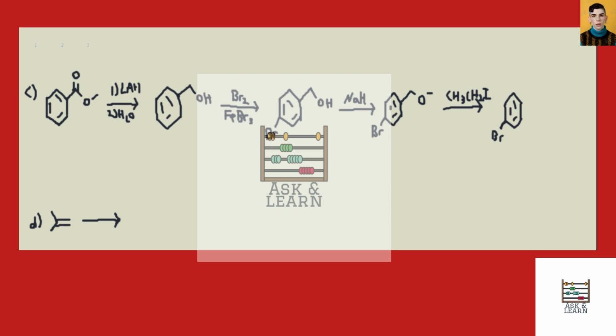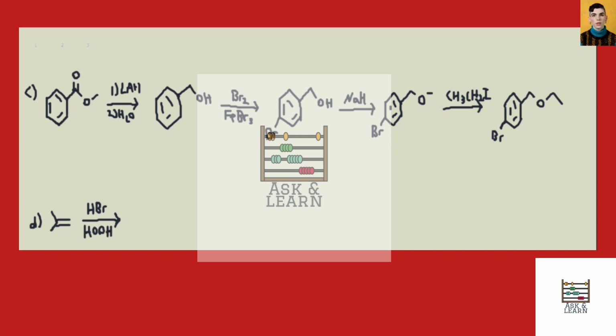Pardon me, D is a pretty straightforward problem. We want to get from the starting material that we're given to this product, which is a much longer chain with an alcohol in it. We're not given any other starting materials other than this one molecule, so I guess we can use whatever we'd like.